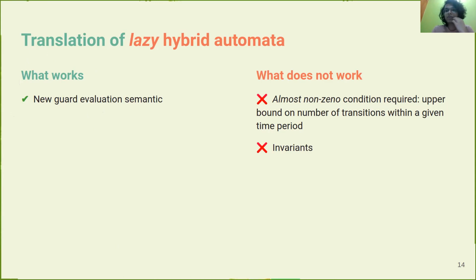But what does not work is that we need to introduce a condition on the transitions, which we call the almost non-zero condition. Basically, we need an upper bound on the number of transitions that can take place within any given time period.